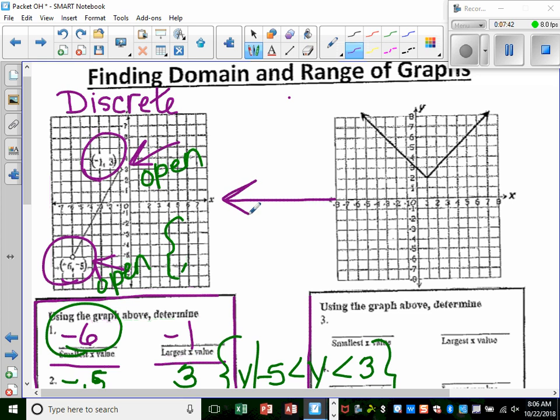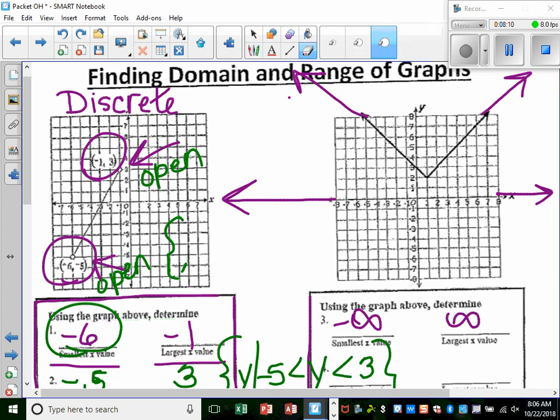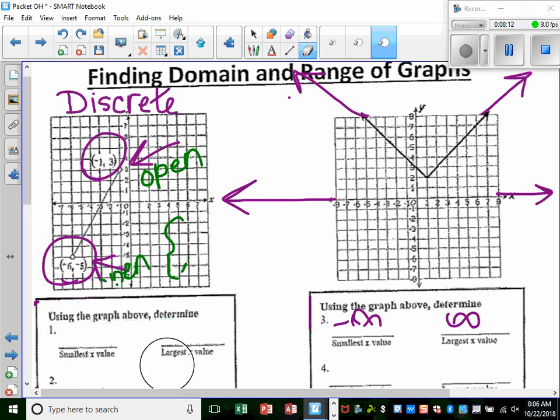If I stretch this x all the way out, and I stretch these all the way out, and I continue to go out, it's going to eventually cover the entire x-axis. So you got to kind of visualize that this just doesn't stop here. It just continues, and as it continues, it's going to start getting wider and wider on each side. So that means you're stretching across the entire x-axis. So we just say from -infinity to +infinity, okay, because that's going to be everything, okay? So that means all real numbers.